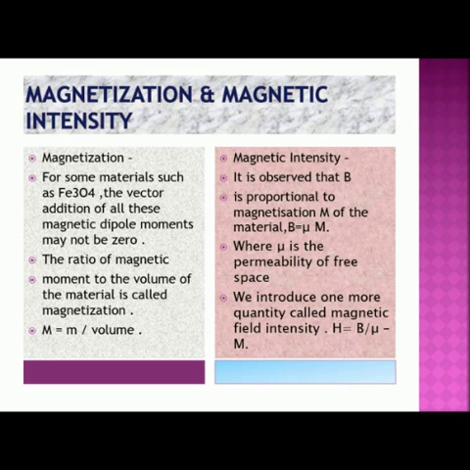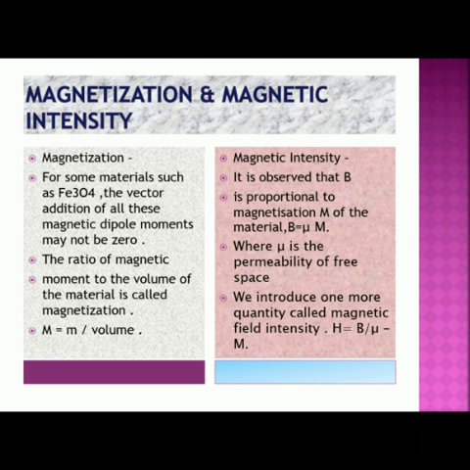Magnetization is nothing but the ratio of the magnetic moment to the volume of the material, and therefore it is called magnetization, represented by capital M is equal to M net divided by the volume, where capital M is a vector quantity having the dimension L raised to minus 1 A, and the SI unit being capital A multiplied by m inverse. This is evident in the textbook. You all could go through the text which gives you a particular formula.